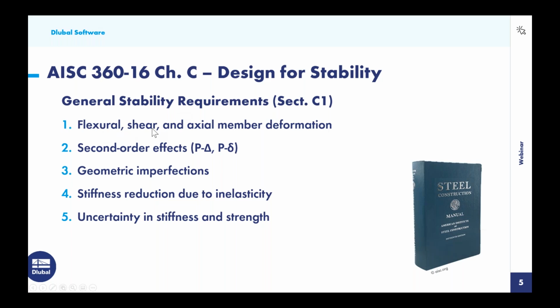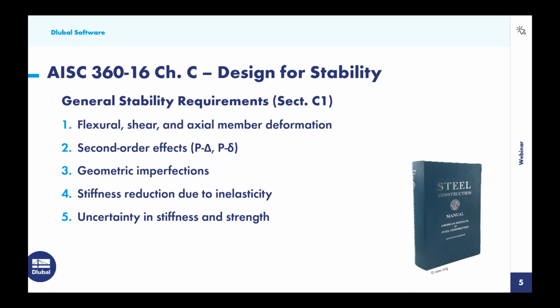The first is flexural, shear and axial member deformation. The second is that second order effects, including big P delta and little p delta, must also be accounted for when we're designing for stability. Geometric imperfections should be included, as well as stiffness reduction due to inelasticity, and finally, uncertainty in stiffness and strength.